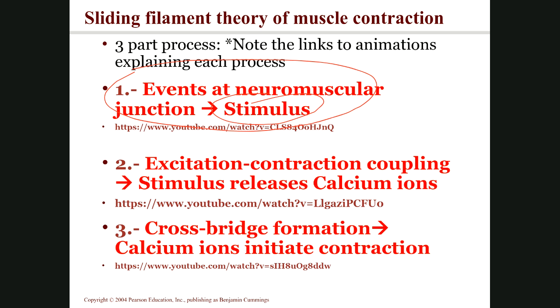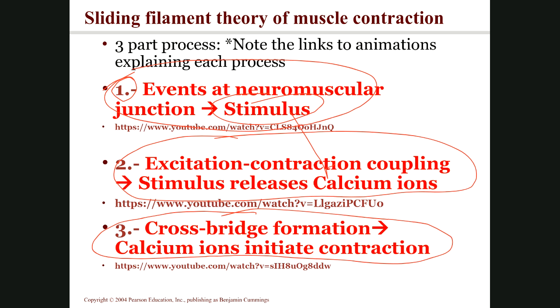So the first step in muscle contraction is the stimulus. Then that stimulus needs to release calcium ions inside the cell. That's the second step, called excitation-contraction coupling. So how does that stimulus cause the release of calcium ions? Once the calcium ions are released, the active sites of actin are available and cross bridges are formed, which cause the contraction.